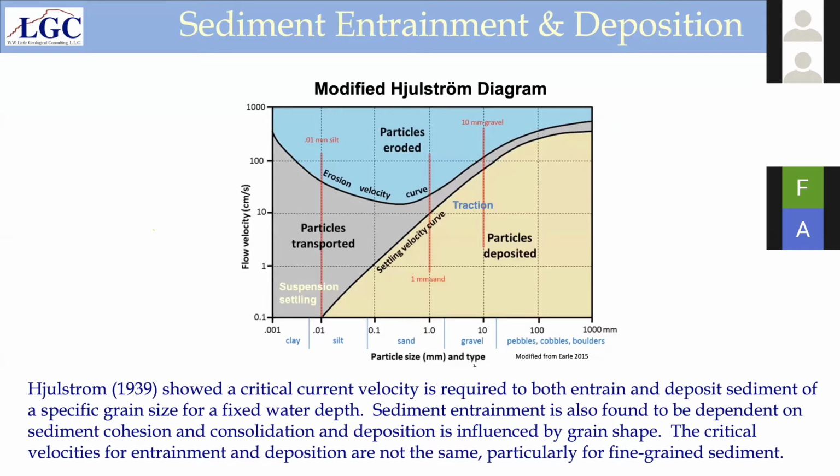So to become entrained and then to become deposited. As you look at this diagram, there's the blue at the top, and there's a surface underneath that says erosion velocity curve.